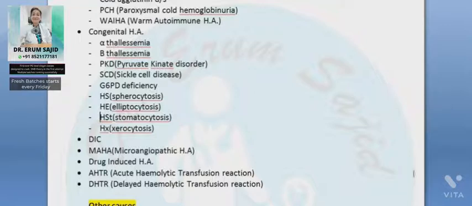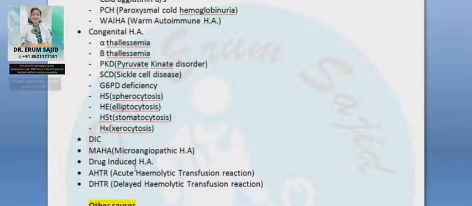The only difference between this MAHA and TMA, that is thrombotic, is that thrombosis is also there, and because of thrombosis the vessels become microangiopathic, and that is the reason why there is hemolysis in that. So that means there is also platelet disorder. But over here, if you're talking just about MAHA, that is just micro, and the reason could be many. So as I go, I'll tell you about it.